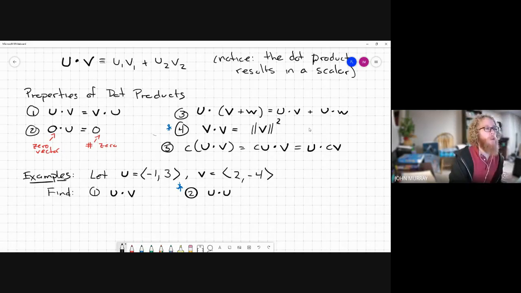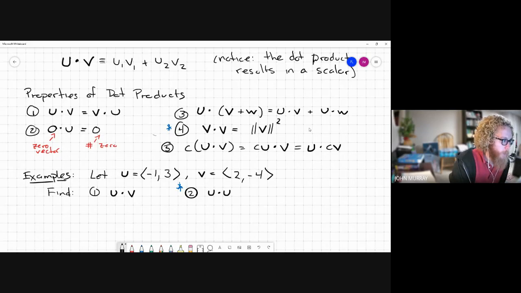All right, so for the first one, we're just going to do the dot product of u dot v. There's a few different ways to approach this. If you feel comfortable, you could just go ahead and plug things in where they're supposed to be. If you feel like you need to organize your thoughts, do that first.